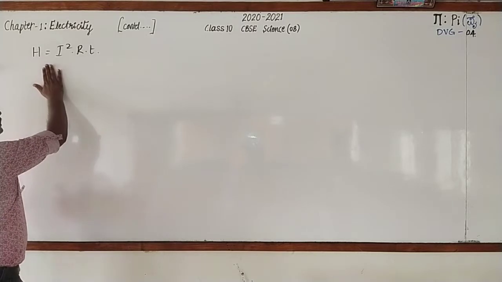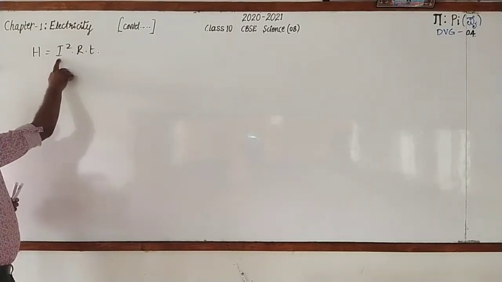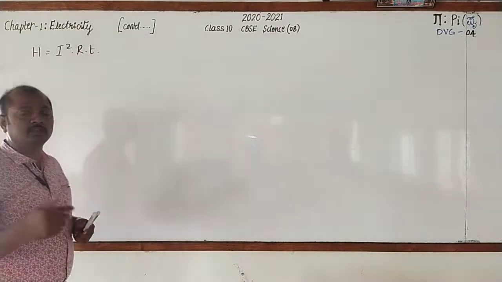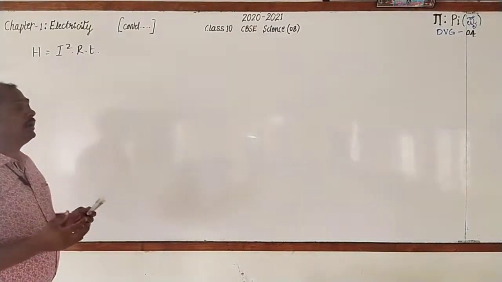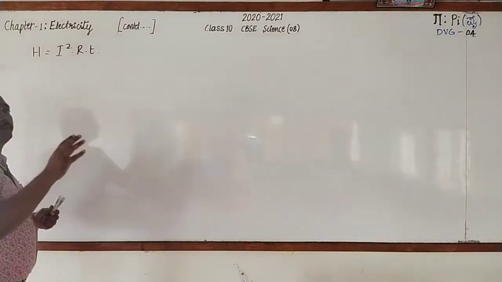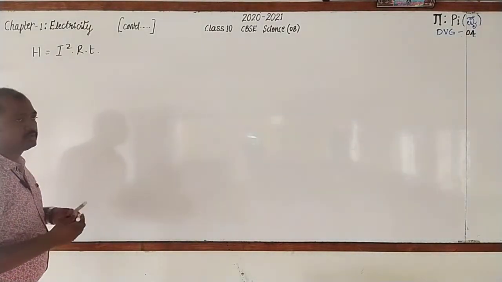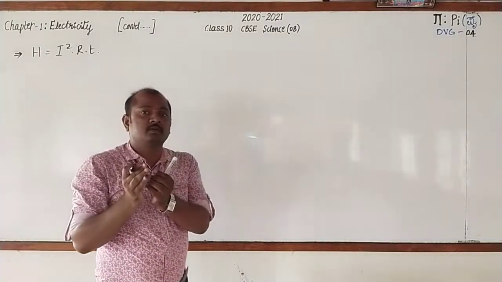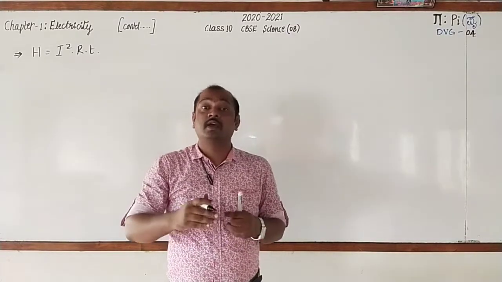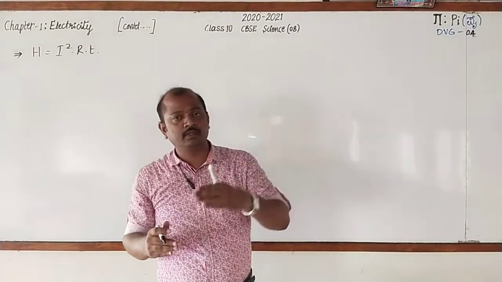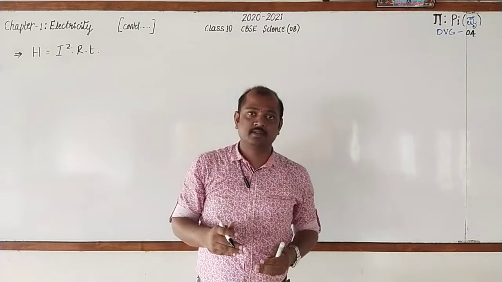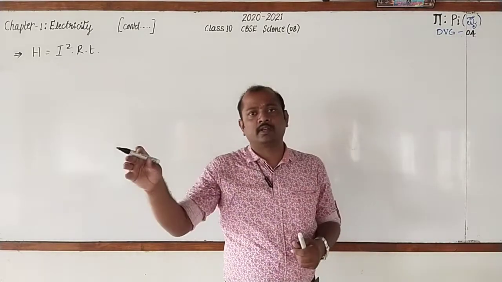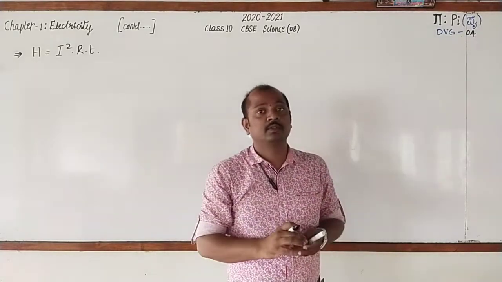The heat generated depends on the amount of electric current flows, then electric resistance, then time for which the current flows. Then how does heat generated depend on these physical quantities? Just look here. What will be the heat generated in the circuit as the amount of current flowing in the circuit increases? As current increases, often the electrons will come across friction.